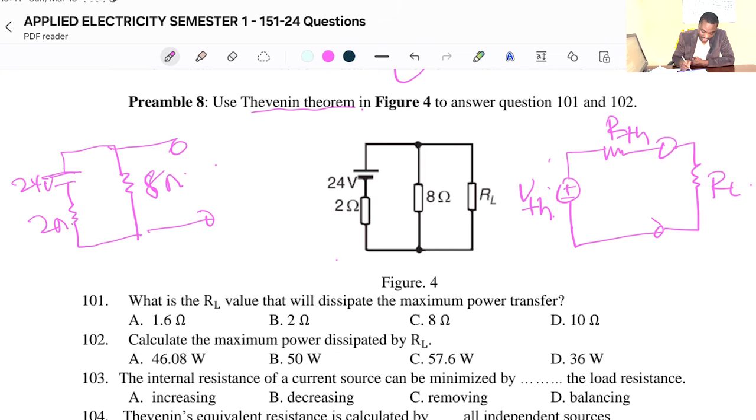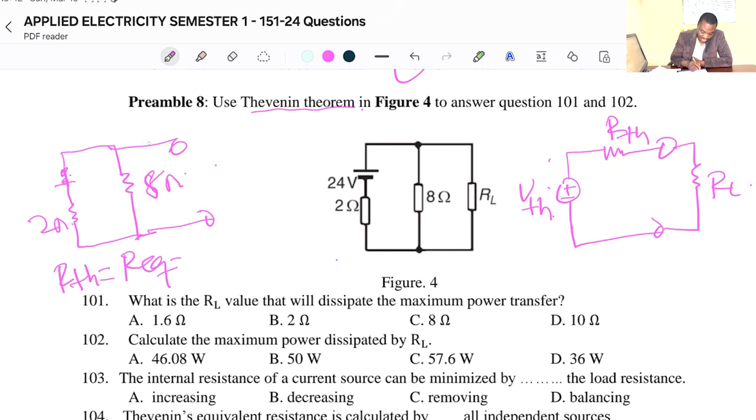Now that I've removed this, to get RTH, we know that it is the equivalent resistance when all independent sources are turned off. I can see I have 24 volts here, which is a voltage source, so I have to turn it off. How do I turn it off? By just removing it, and then after that, we just connect a wire. So it's turned off.